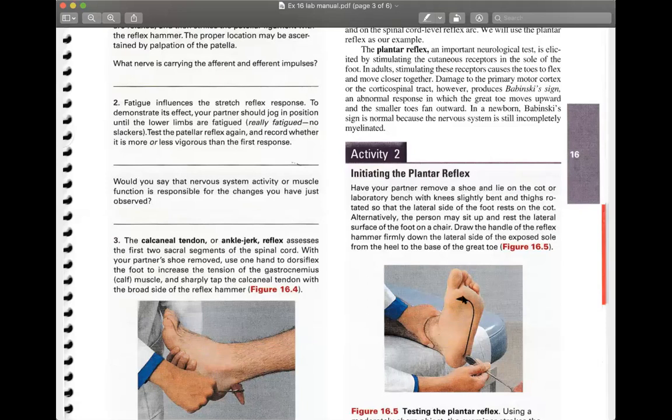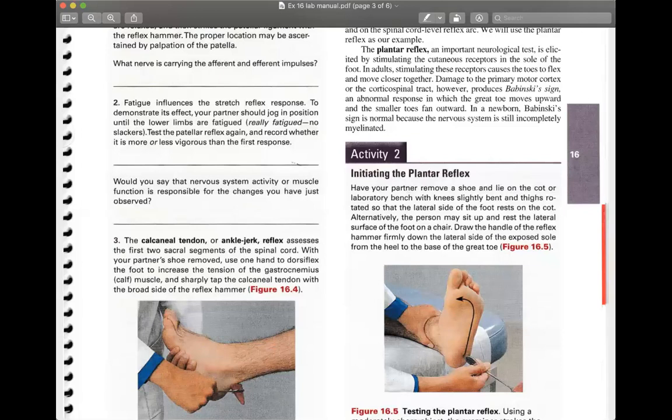Now, an adult with a fully myelinated corticospinal tract, one of your ascending tracts, has a normal response of flexing the toes. The toes flex and move closer together. If you've got damage to the corticospinal tract as an adult, you would see the result that would actually be normal for babies.